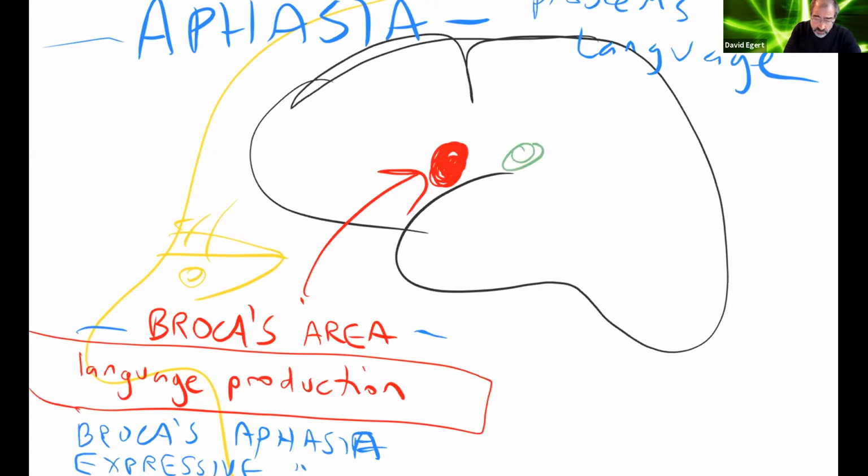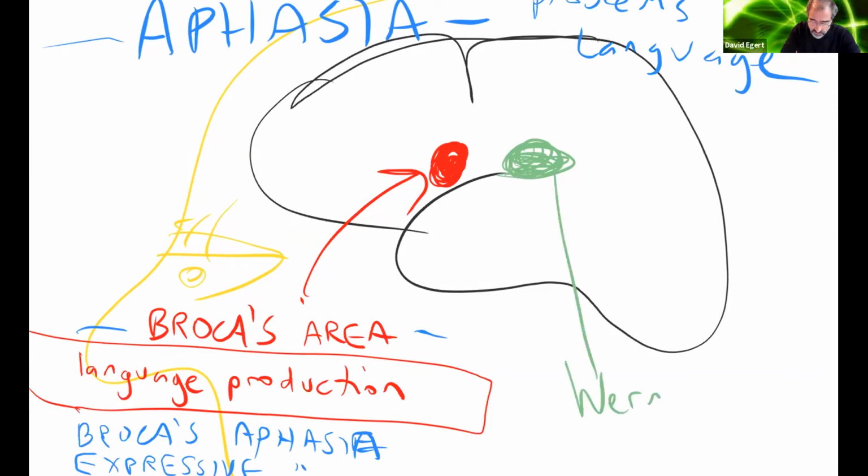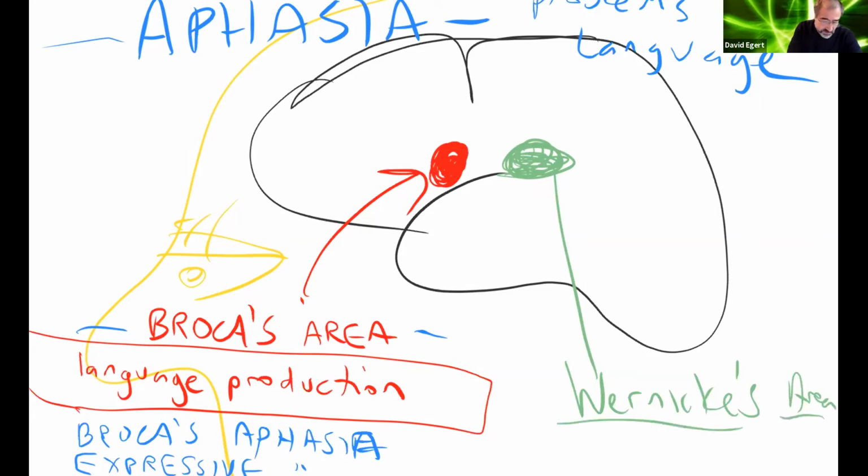And the other area is the parietal area, or at this junction here, called Wernicke's area. Both of these get their name after neurologists back in the 1800s. There was Paul Broca, and I forgot what Wernicke's first name was, but they basically would have patients exhibiting these different aphasias.